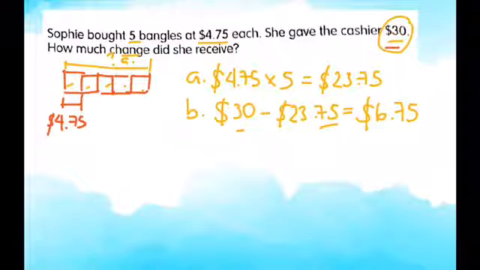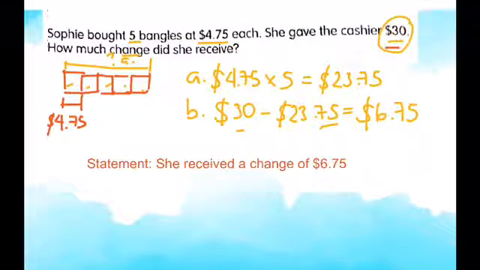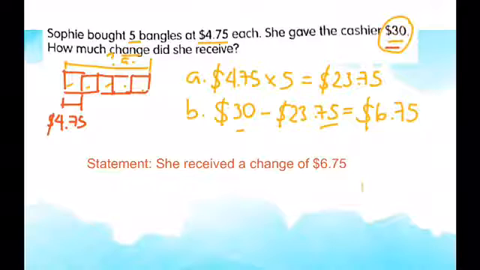So to answer the given question, how much change did she receive? For our statement, we could say she received a change of $6.75. Now notice that we are working on a 2-step word problem. This example is also found in your pupil's textbook, which is on page 124. You may try to check on it and work it out.